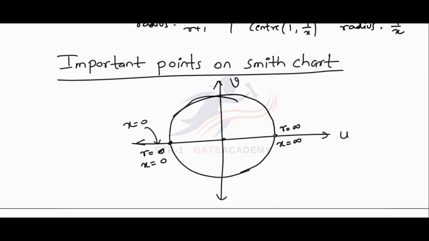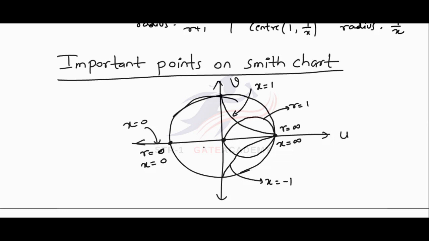Here we know that there is a small r equal to 1 circle. Let me draw that, and let me draw 2 more circles. So this is the r equal to 1 circle, this is the x equal to 1 circle, and this is the x equal to minus 1 circle. Now, what does this point denote?